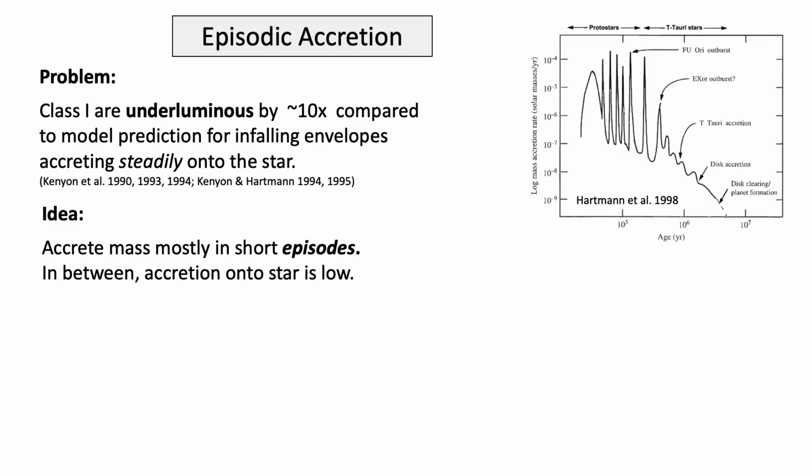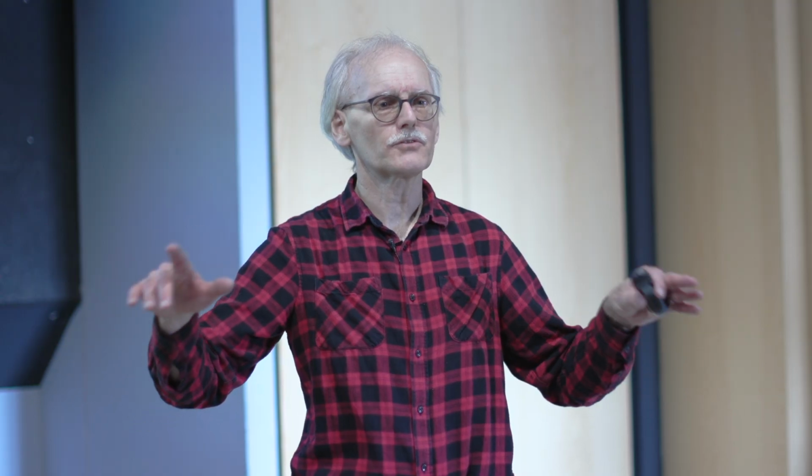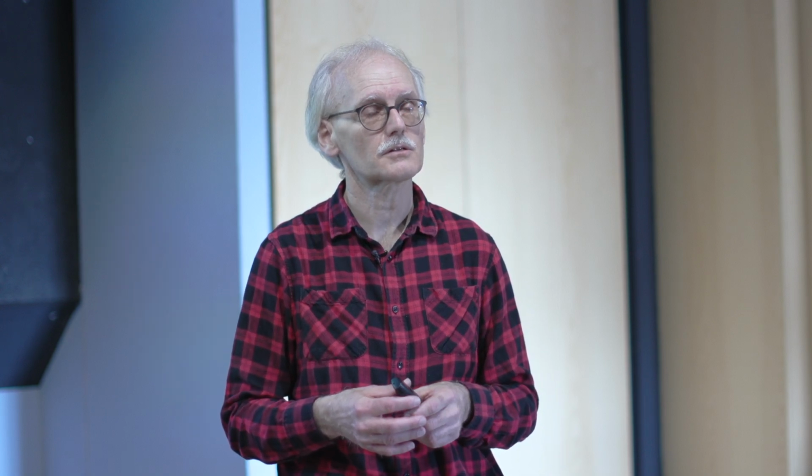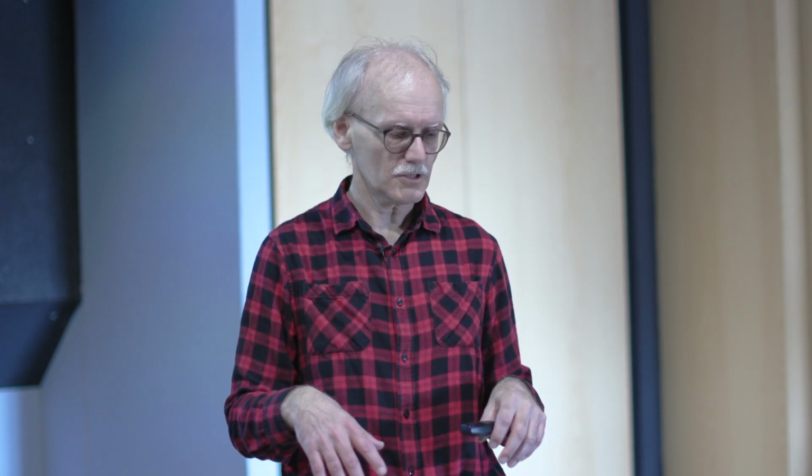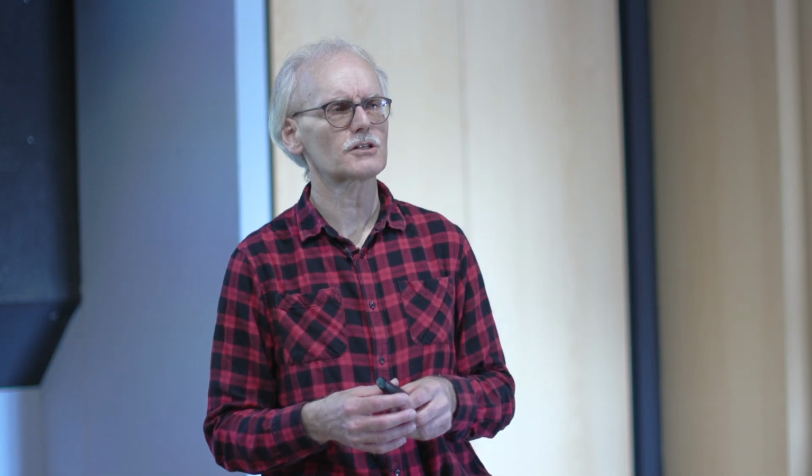So the idea that came up is that maybe the accretion process is not continuous. In fact, mostly when we look at stars, they hardly accrete. The accretion rate is actually not very high in most of these T-Tauri stars. So they're underluminous indeed. We don't see much luminosity that comes as a response to the accretion.